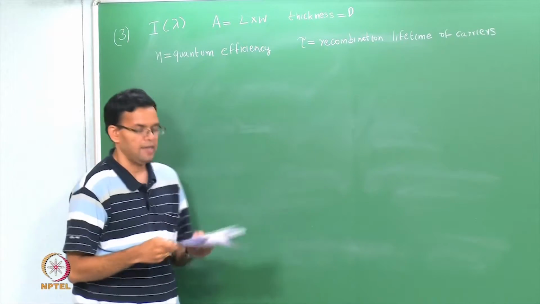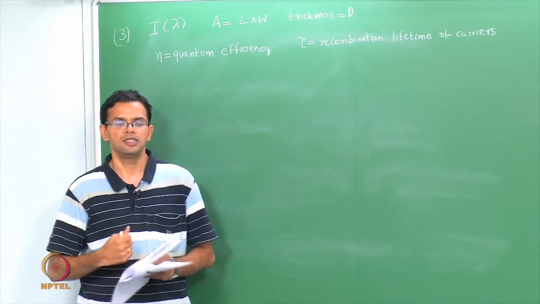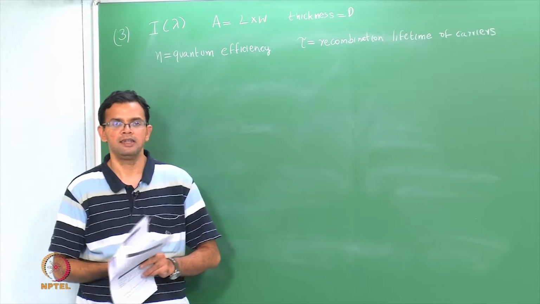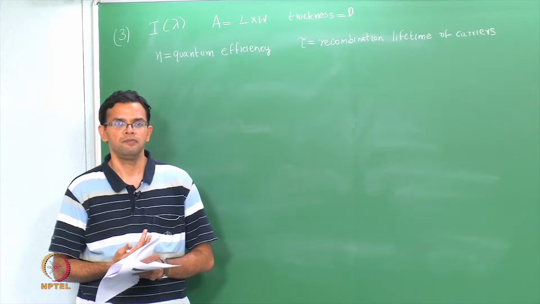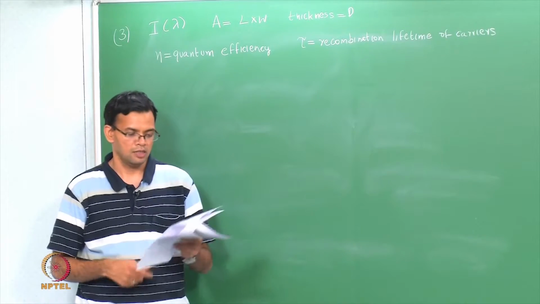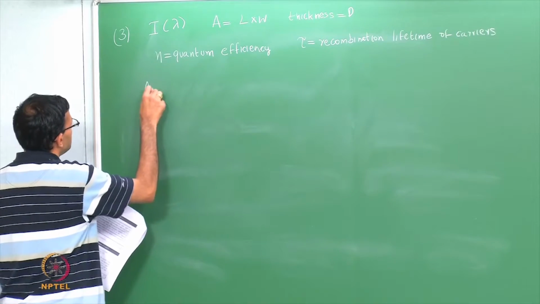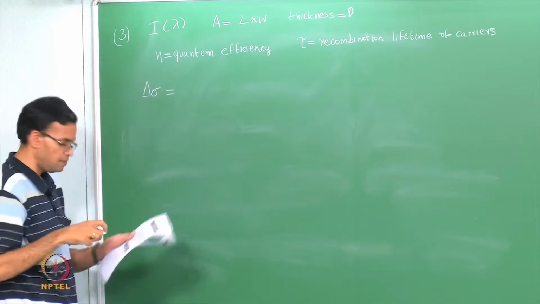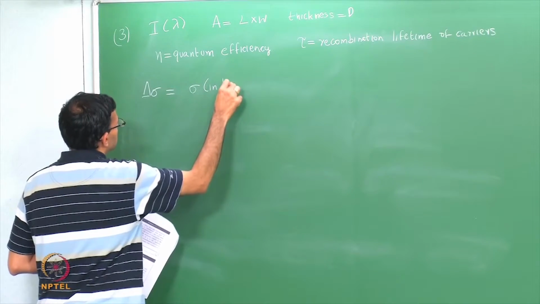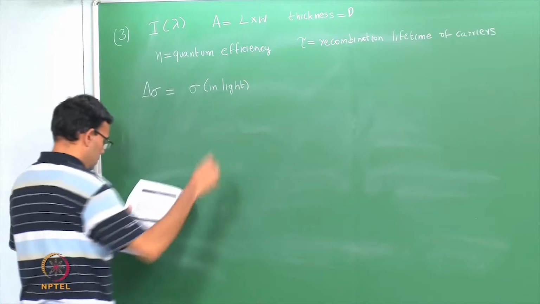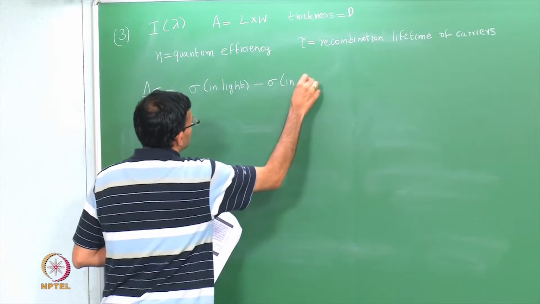So, when we shine light in a material, we generate excess electrons and holes. These electrons and holes can basically take part in conduction, so that there is a change in conductivity when we expose light. This is essentially called photoconductivity, and the difference in conductivity delta sigma is defined as sigma in the presence of light minus sigma in the absence of light.